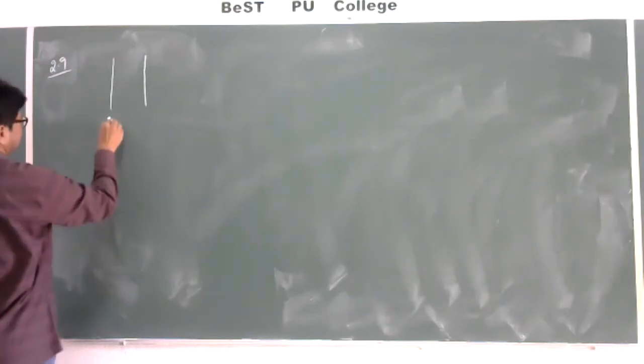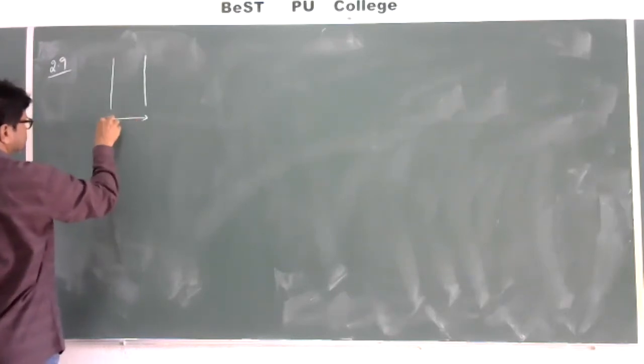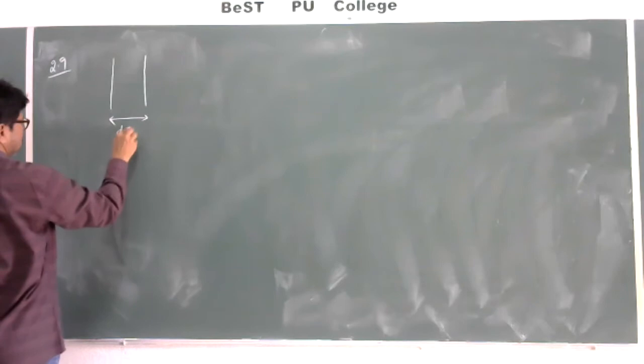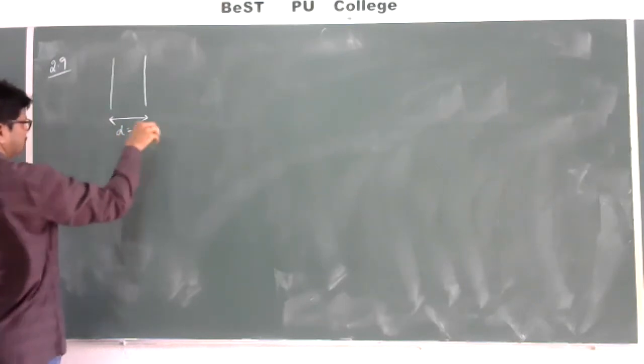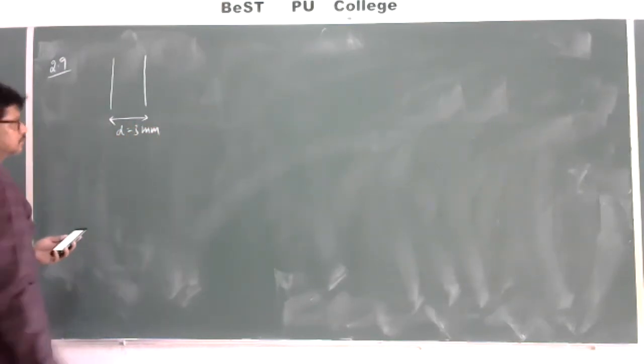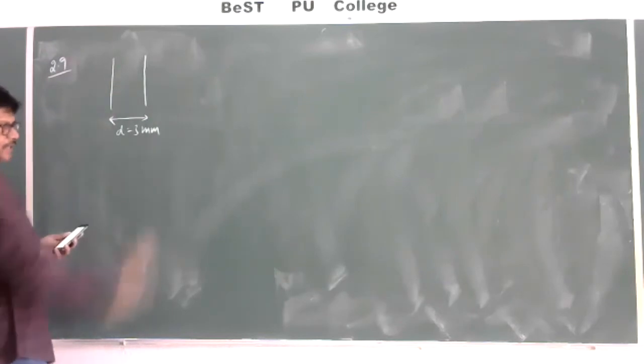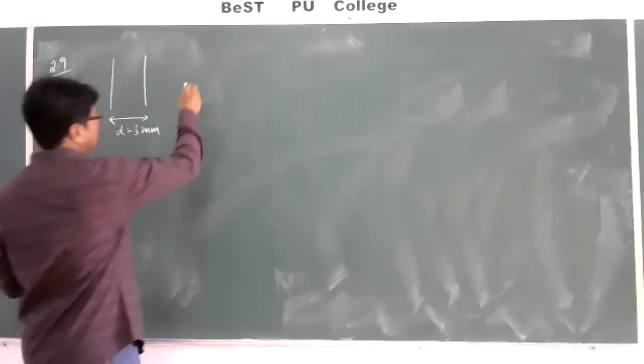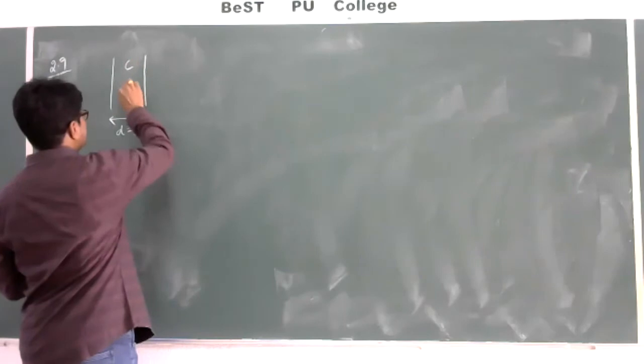one capacitor, very good. And he says that the distance between the two plates is 3 millimeter. And the area is given. And we had air as the medium.